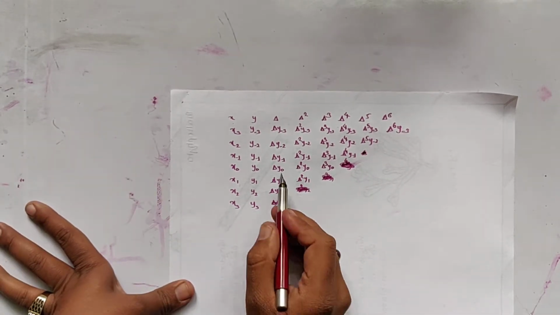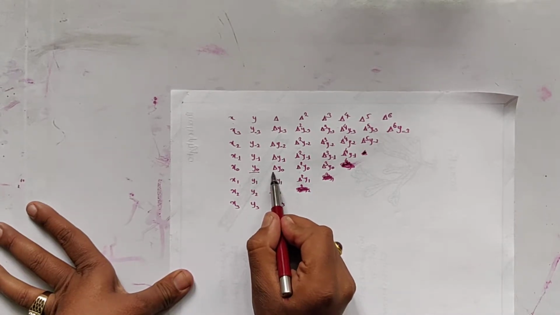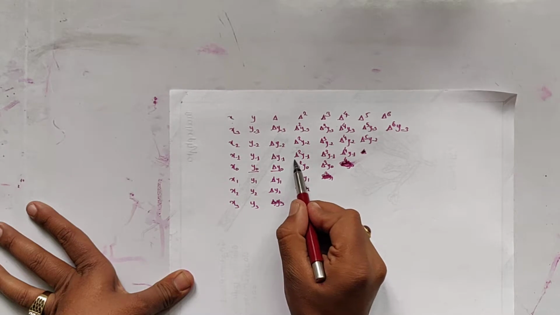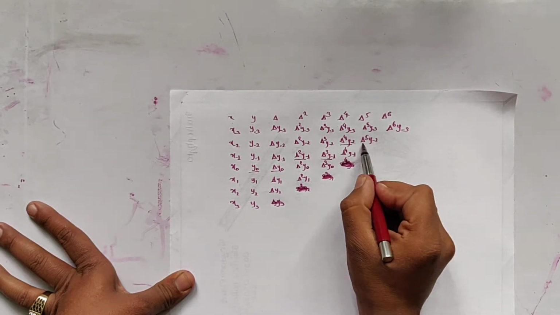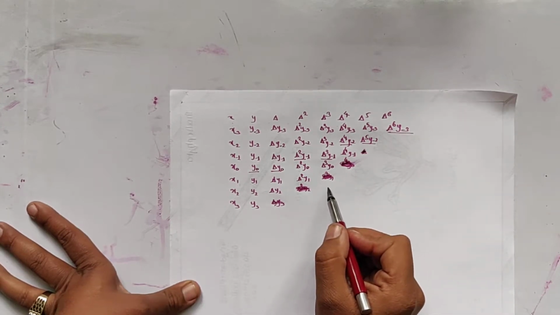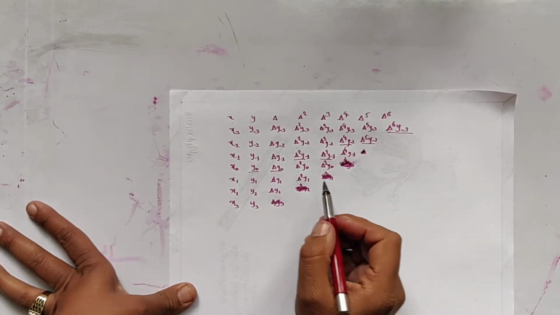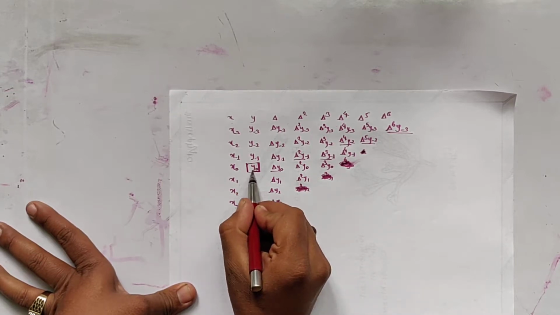In Gauss forward interpolation we take this central element and this and move upward. But in Gauss backward it is similar, but there is certain change. This one is the same as Gauss forward interpolation.